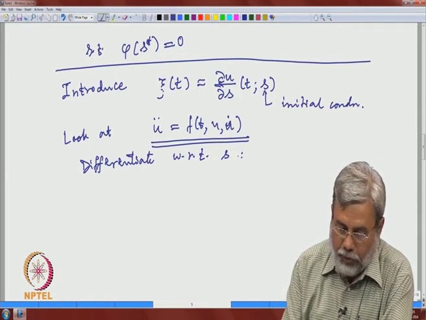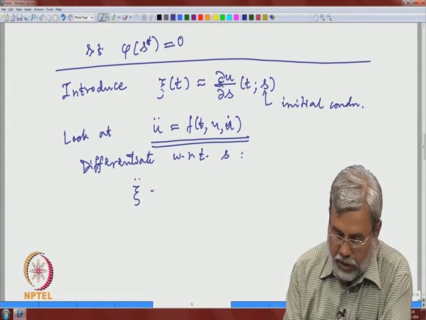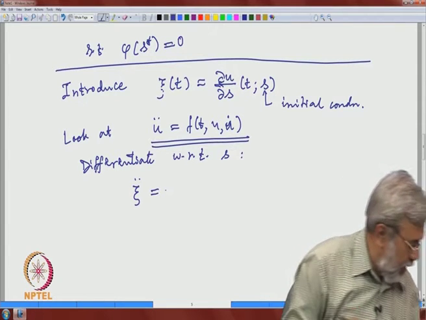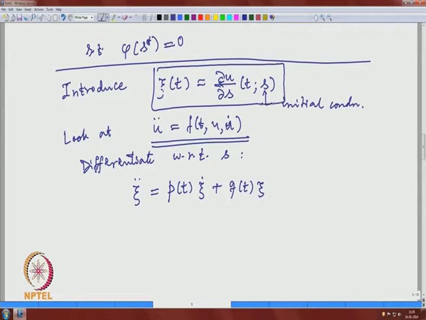Okay. So, if you do that, then we get xi double dot equal to p(t) xi dot plus q(t) xi. Okay. Remember this is xi, the derivative of the solution of the initial value problem with respect to s. So, what is p?